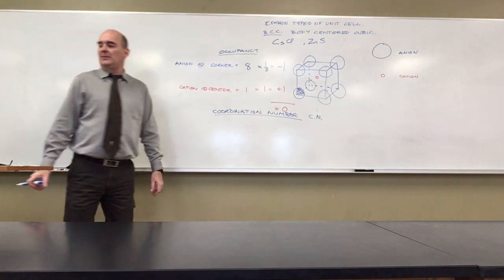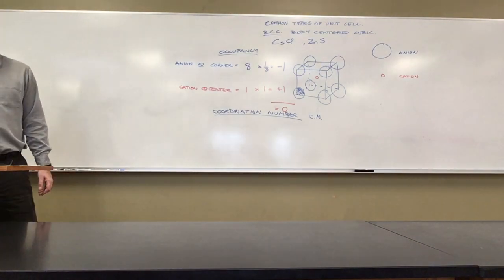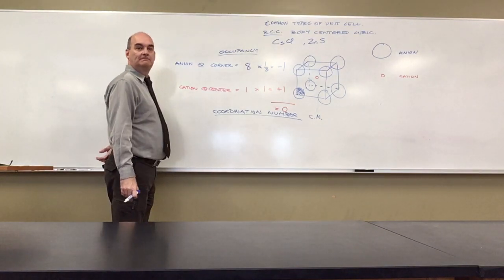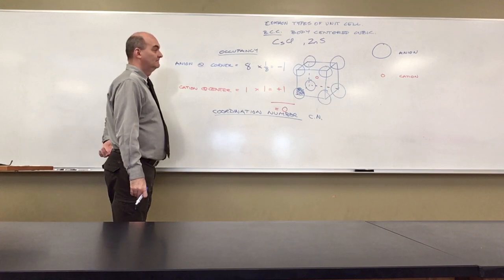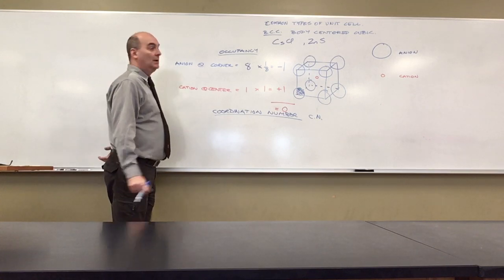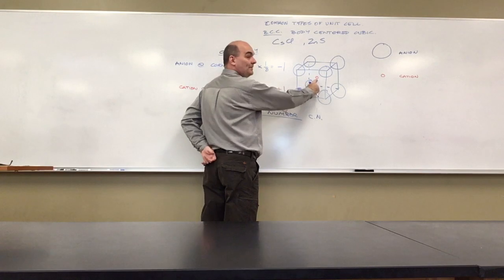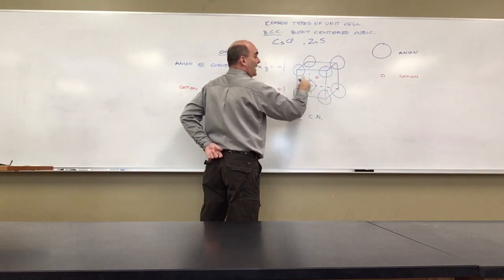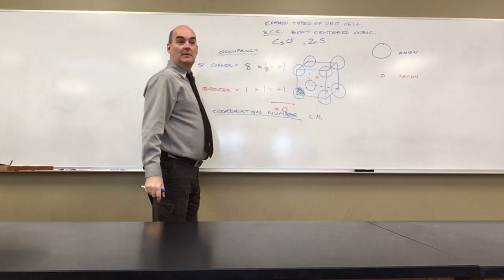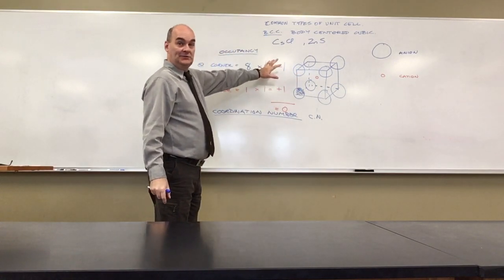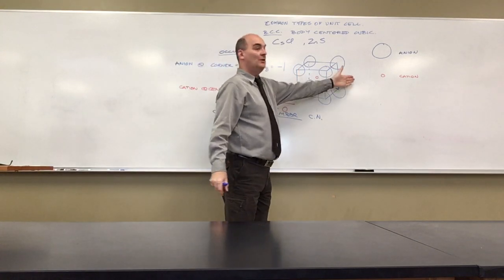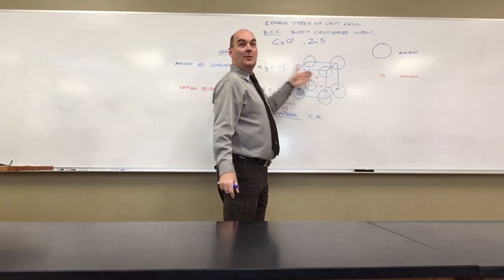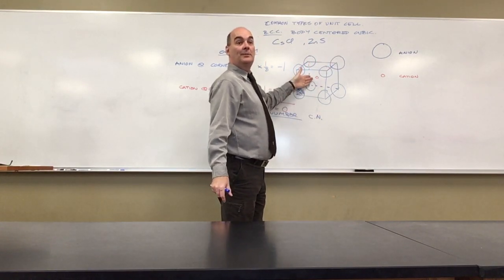What's the coordination number for cesium in this cubic-based description? 8. That central cesium sees the 4 anions on the top and the 4 anions on the bottom. It does not see any other cesiums, because the next cesium is in the box over, in the box above, in the box behind, in the box in front, in the box below, or in the box on the left.